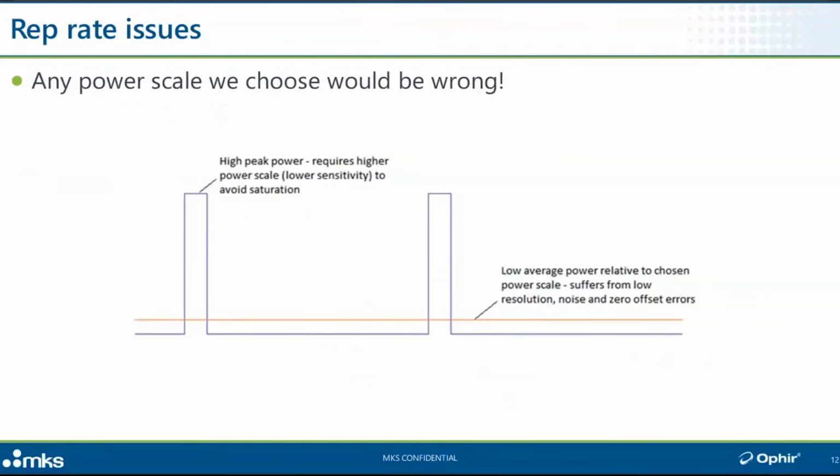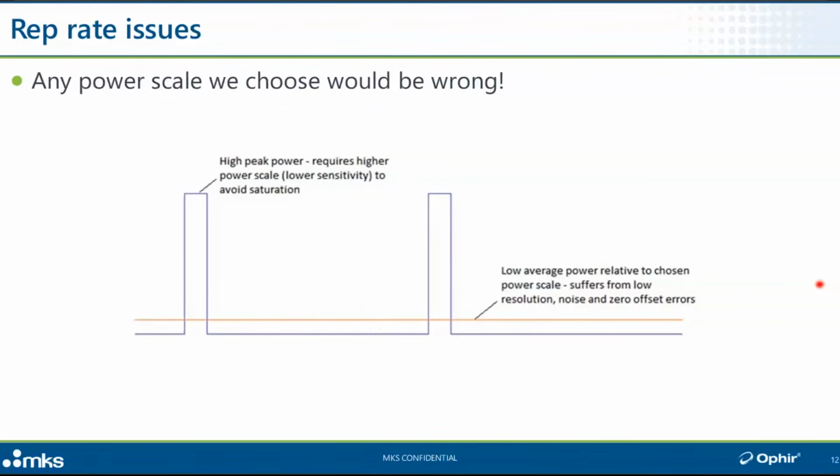Okay, here we see what a low average power but high peak power, or high instantaneous power, signal might look like. Okay, let's think about this for a sec. What power scale do we set the meter to? Again, we've got high instantaneous power, high peak power, and then 0. The average power, which is what I'm trying to measure here, is going to be this red line over here.